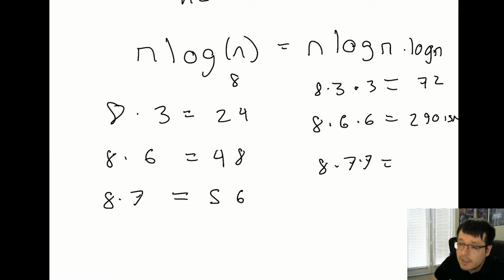You can already see that this is way bigger, right? So there you go. Then you can say this has a faster growth rate, okay? So let me plug in those numbers so I can fill in the right numbers there.